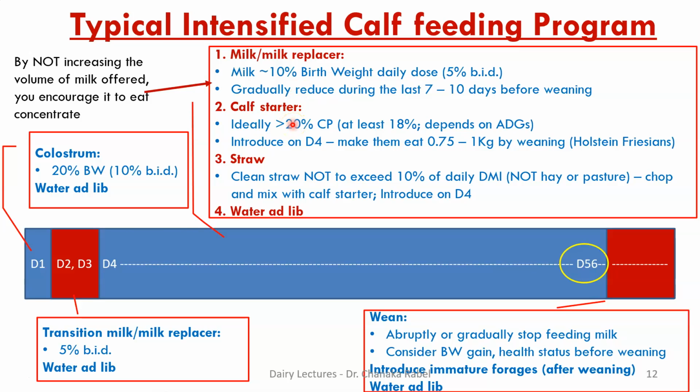We have clearly shown that it is not the milk but the calf starter that stimulates rumen development. So by giving milk, we don't gain much, and that's why we do this calculation by birth weight. So the animal at 40 kilograms and at 70-80 kilograms still gets that 4 liters as a calculation from the birth weight. So remember that.